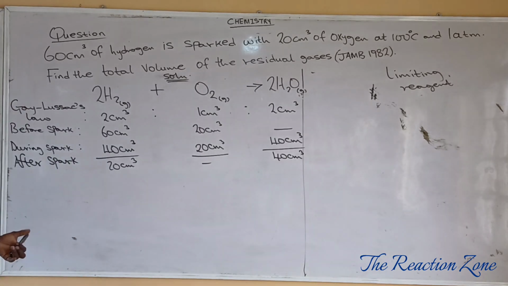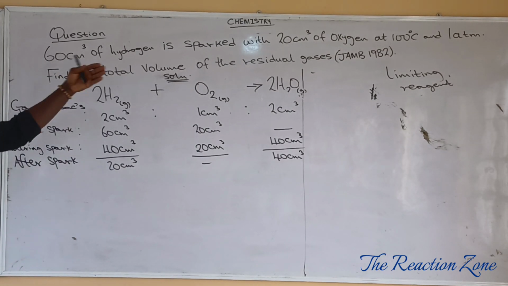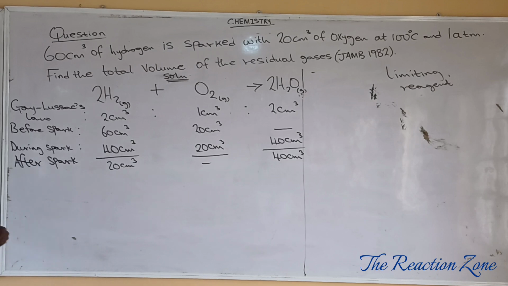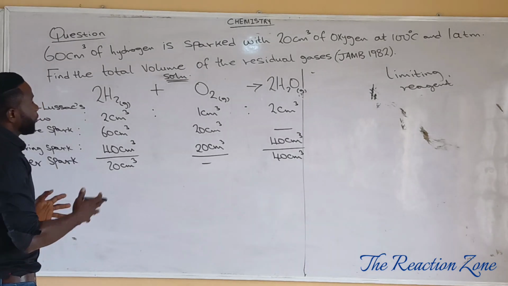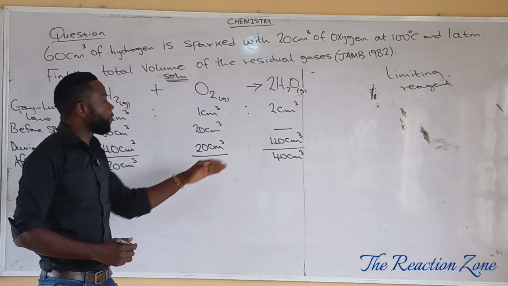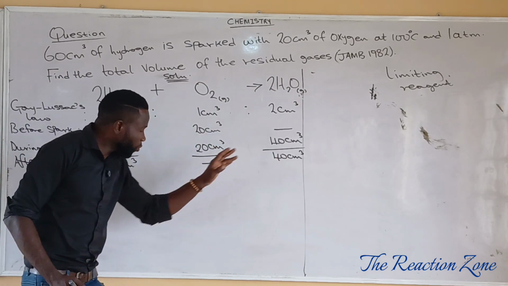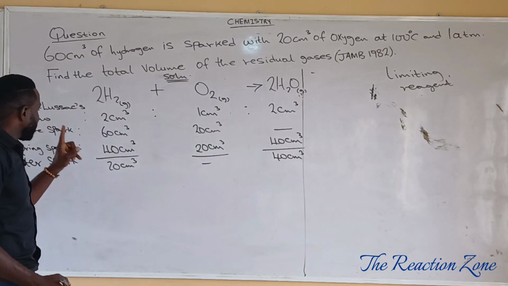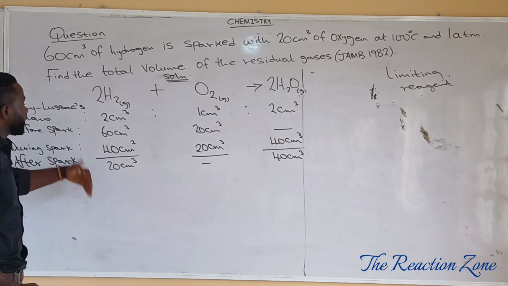With this information, we can now calculate the total volume of the residual gases. The total volume of the residual gases is a sum of the volume of products as well as the volume of any excess reactant.